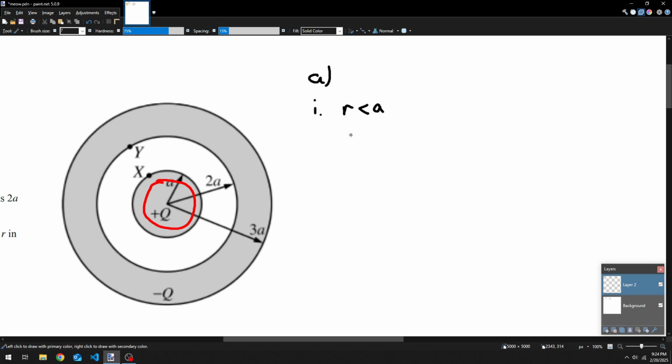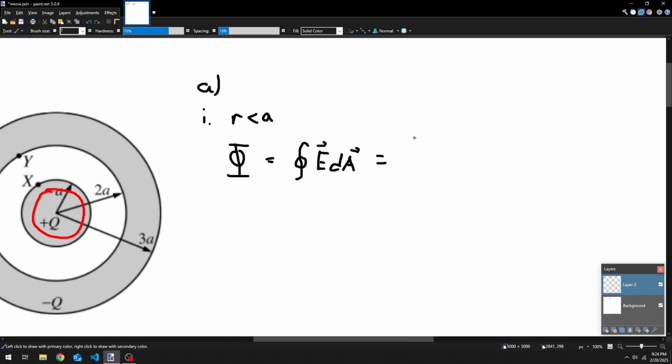First we would write down Gauss's law, which is given by flux equals the integral of E dA, which equals the charge enclosed over epsilon naught, which is the permittivity of free space, which is a constant.